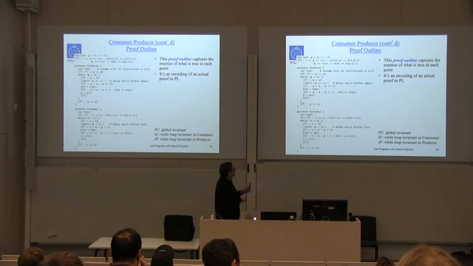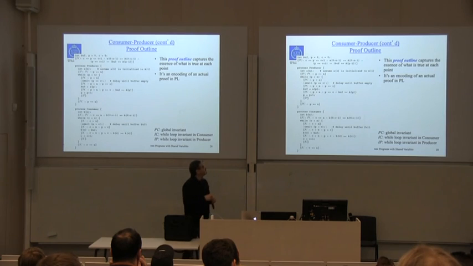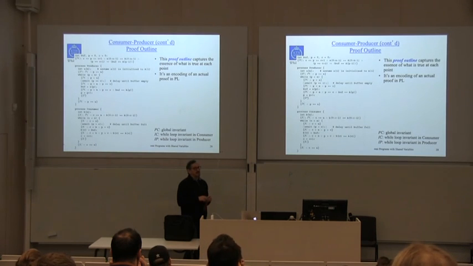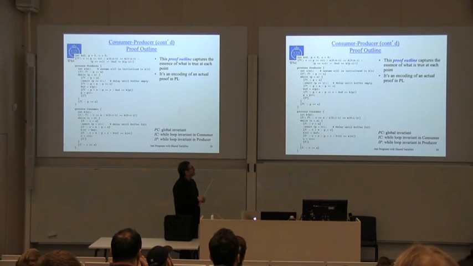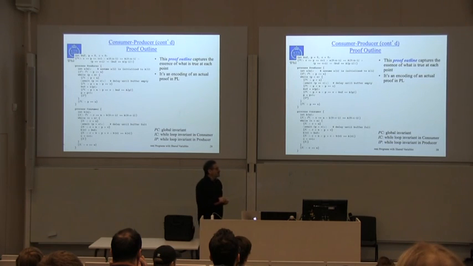If you look at the producer, before the while loop, we have PC should be true. PC stands for producer-consumer invariant, and P is less or equal to N, right? Before the while loop, that's IP, which is the loop invariant in the producer.